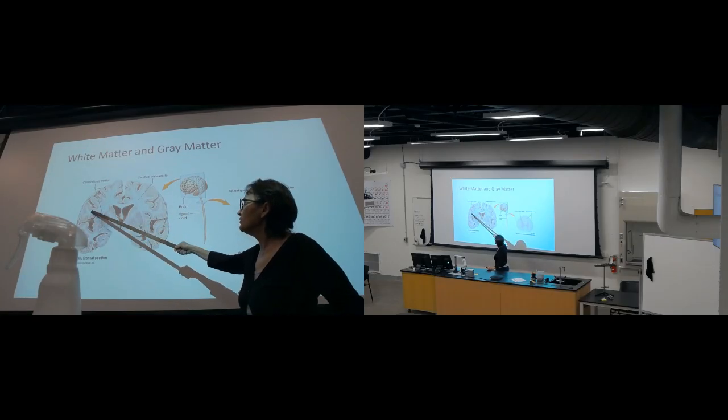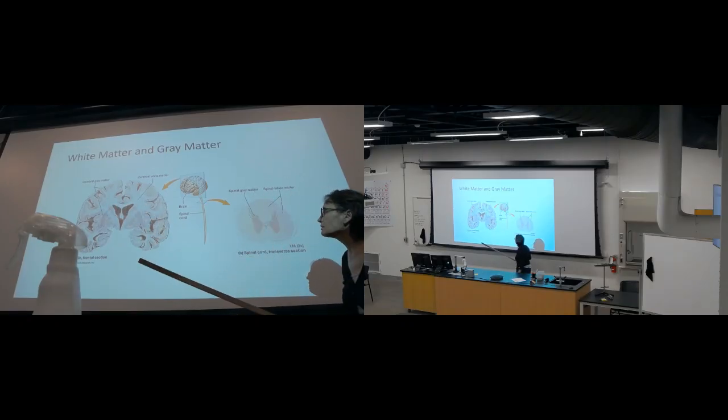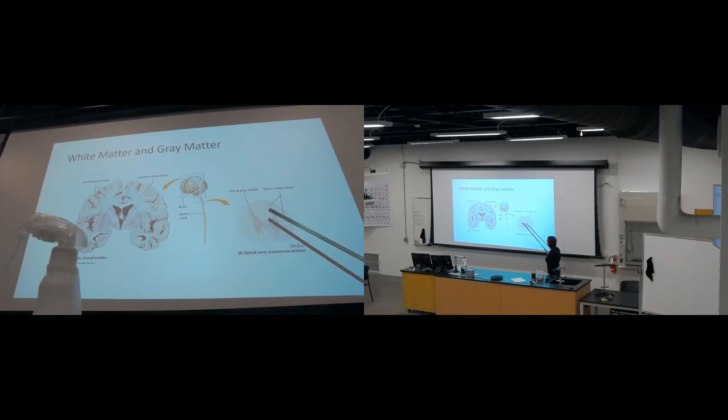So here we have bodies of neurons, and in here we have myelinated axons. And then if you make a section of the spinal cord, you can see the gray matter in the center forming an H shape or a butterfly with the wings open. And then here we have the white matter.